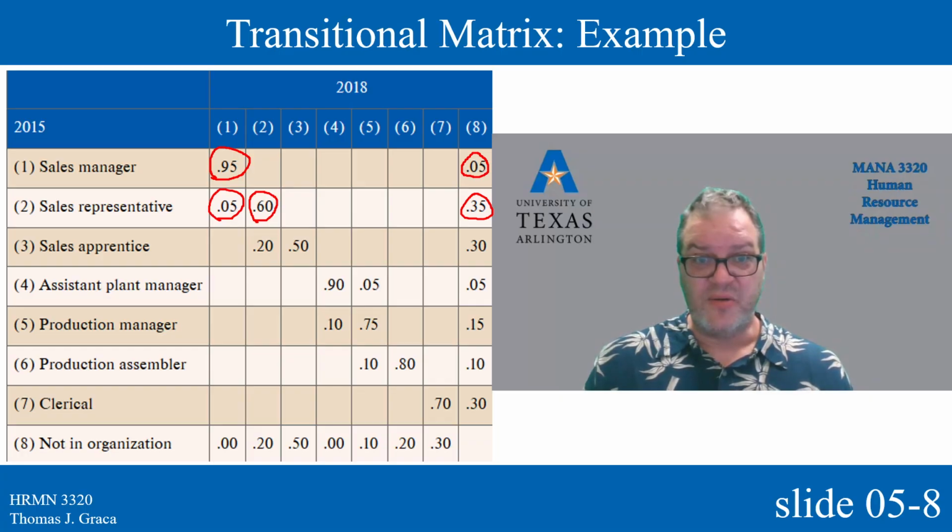So what does that tell me? In a 3-year period, I'm looking to replace about 40% of my sales reps just to keep even. Because I've got to replace the 35% that are no longer in the organization, and I've got to replace the 5% that got promoted to sales managers.